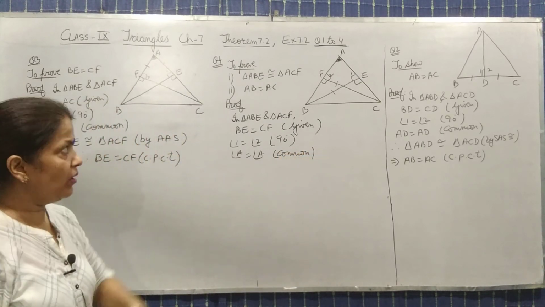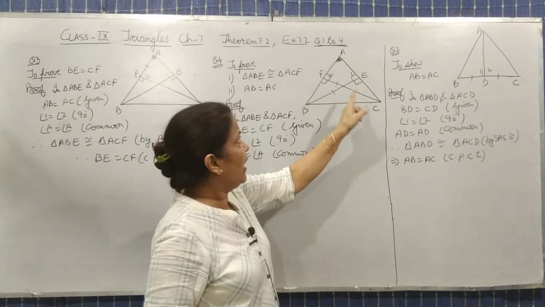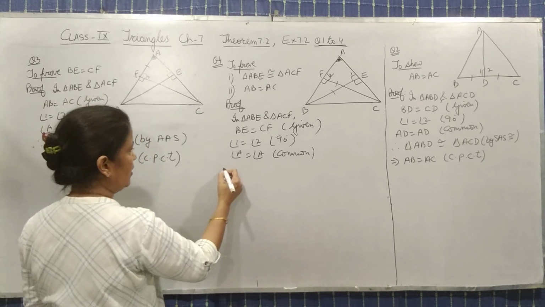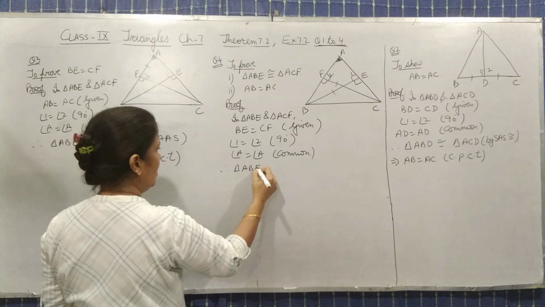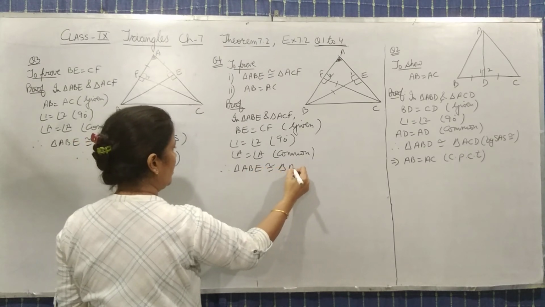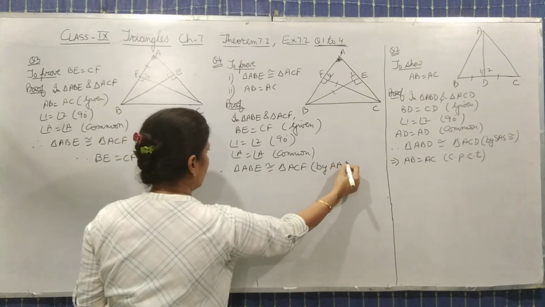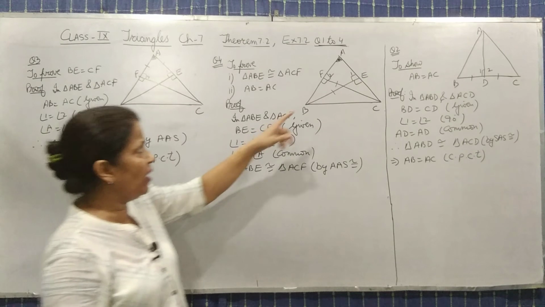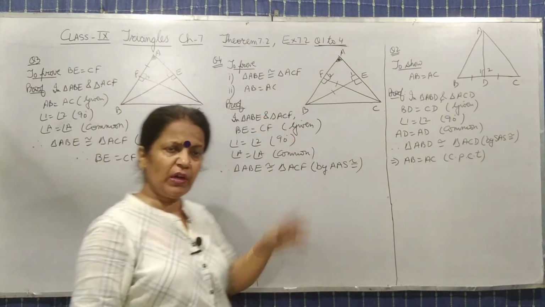So again, look here, 1 angle A and this side. So by AAS. Therefore, triangle ABE congruent triangle ACF by AAS congruency. अब जब triangles congruent हैं, then AB is the part of it.